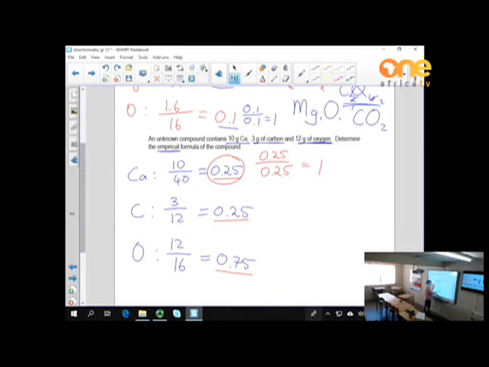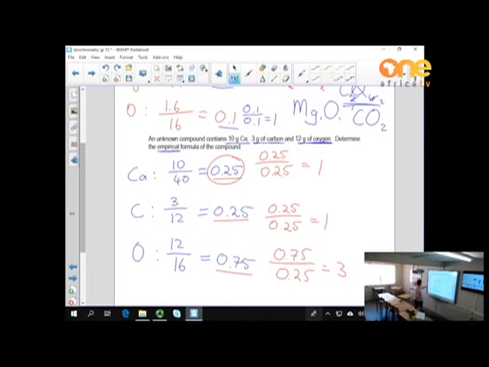But I must do that to the others as well. So 0.25 divided by 0.25 equals 1. And here I have 0.75 divided by 0.25. I get 3, and now we've got something that is recognizable. What is the ratio? 1 to 1 to 3.